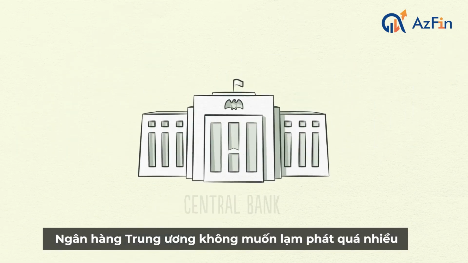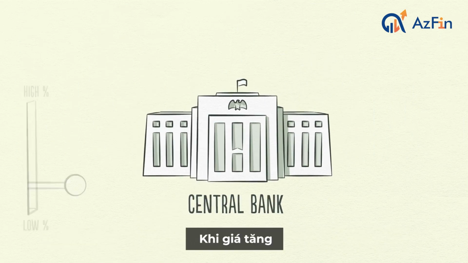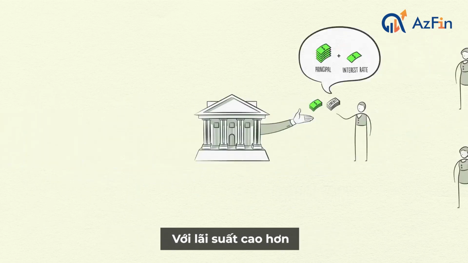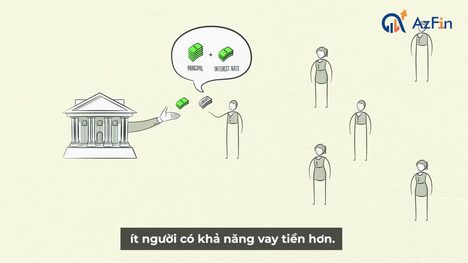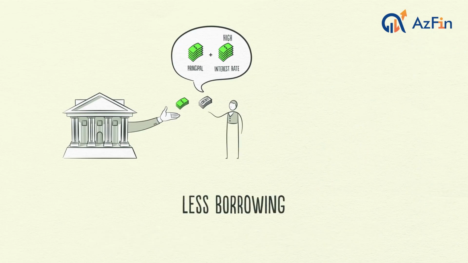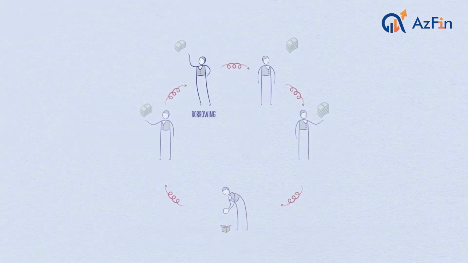The central bank doesn't want too much inflation because it causes problems. Seeing prices rise, it raises interest rates. With higher interest rates, fewer people can afford to borrow money, and the cost of existing debts rises. Think about this as the monthly payments on your credit card going up.